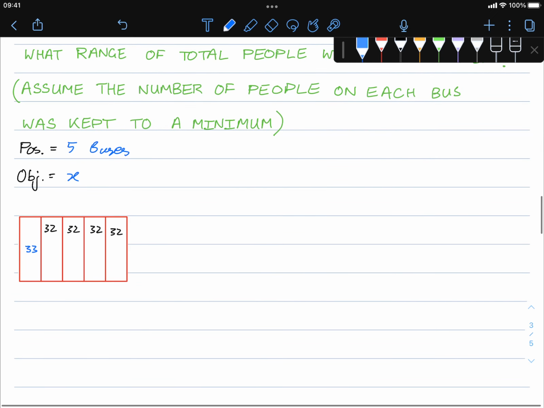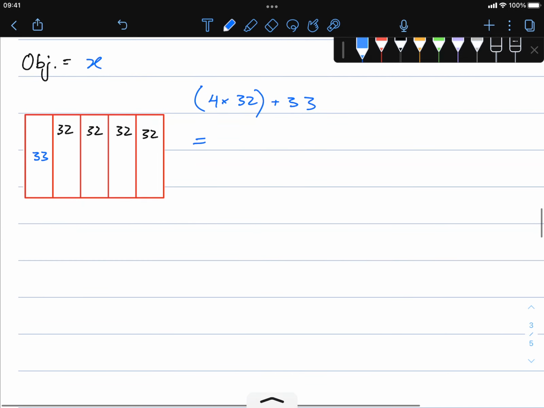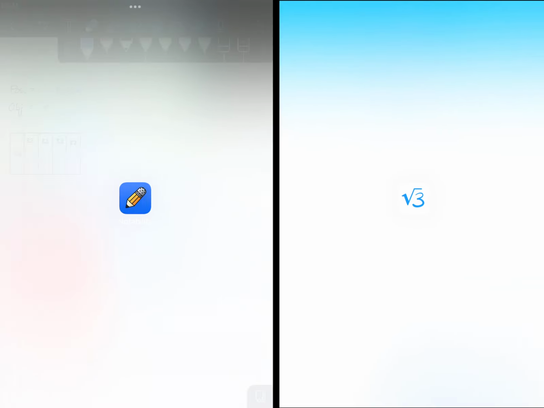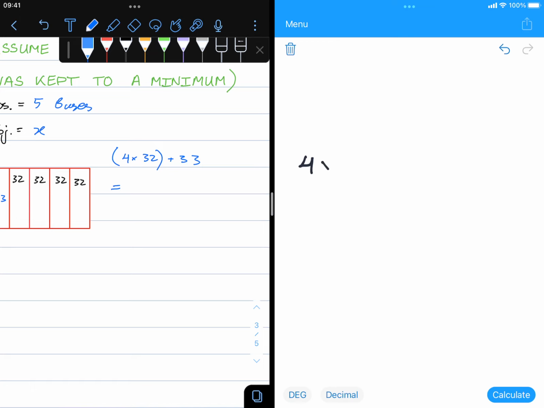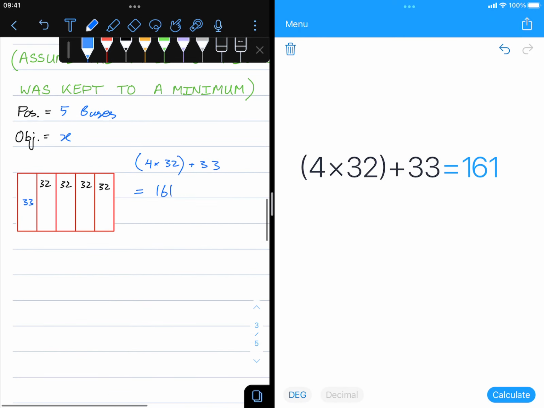Okay, so the minimum that we could have is going to be 4 times 32 plus 33. So calculating this, 4 times 32 plus 33, that's 161 people.